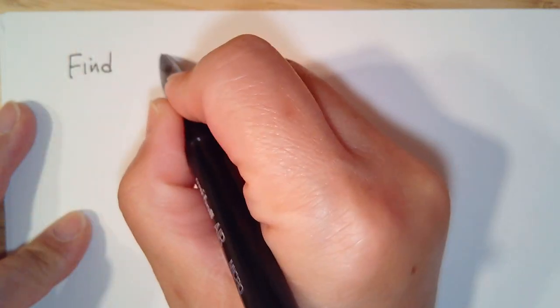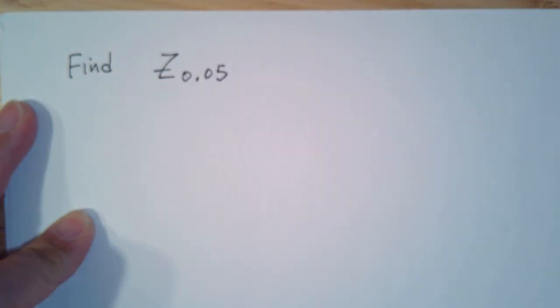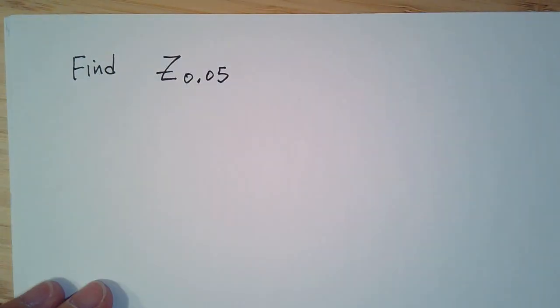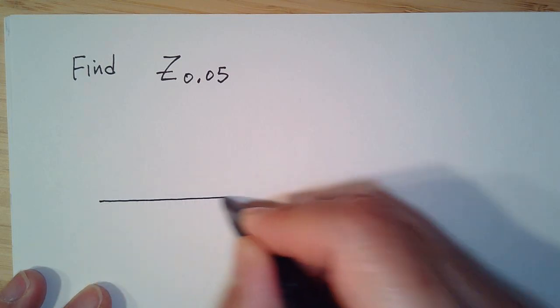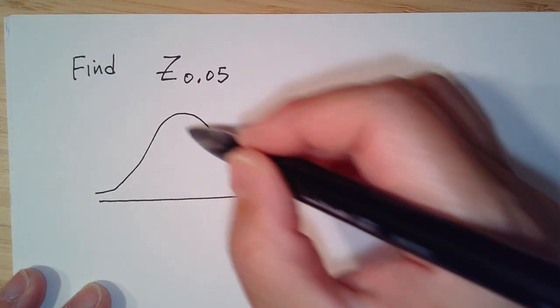All right, so let me ask you, we do the last one. Can you find z sub 0.05?